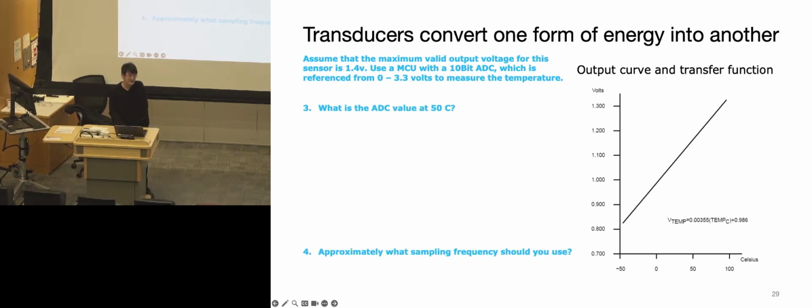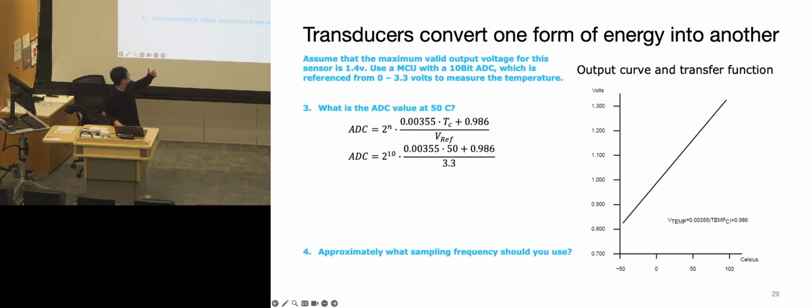what's the ADC value at 50 Celsius? Anyone? I see a bunch of you already finished up until question 4. Anyone want to share their answers on question 3? Okay, we can also always go through it together.